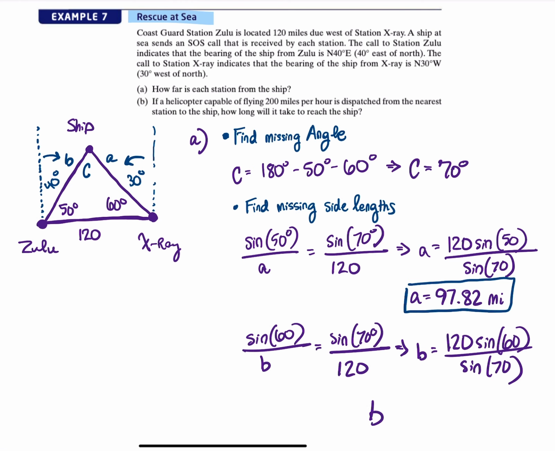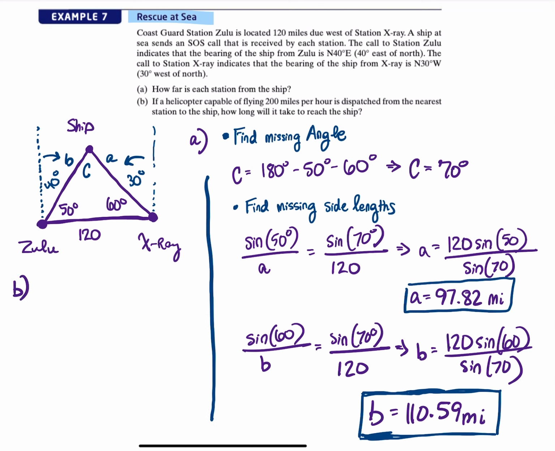And evaluating that, we get approximately 110.59 miles. So that's this side length, so that's the distance from the Zulu station. So that was part A.